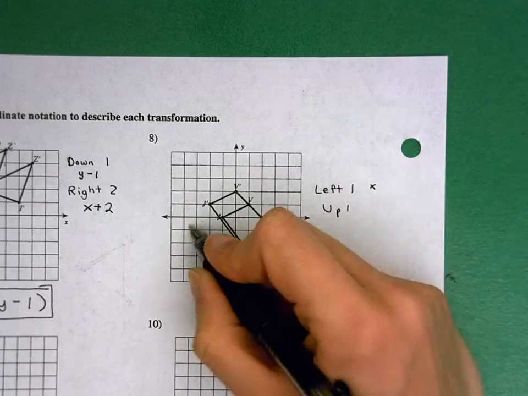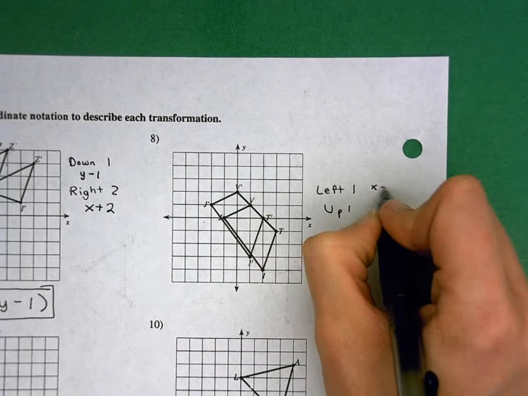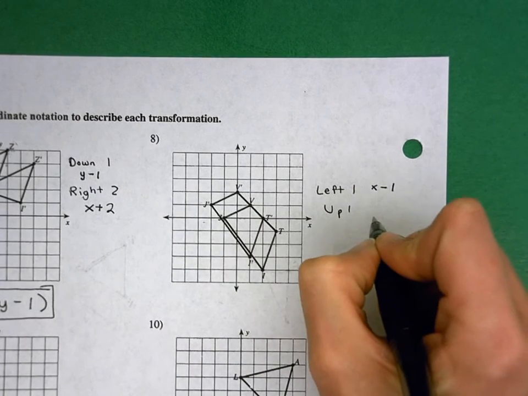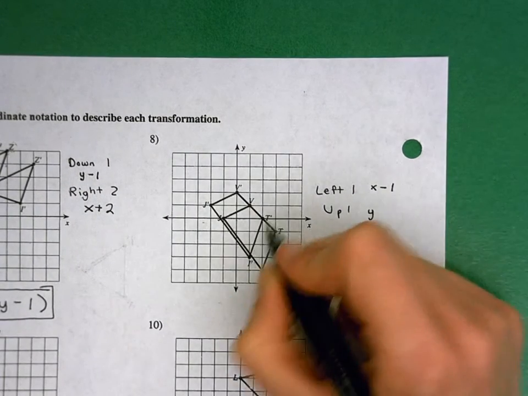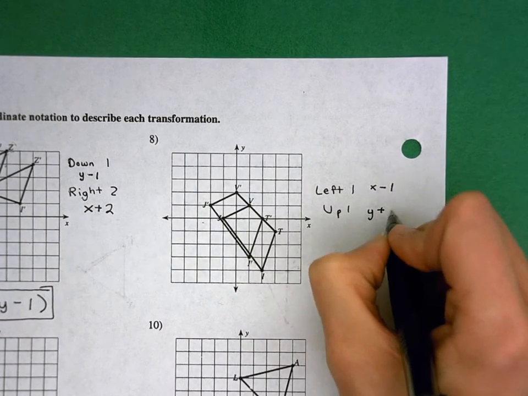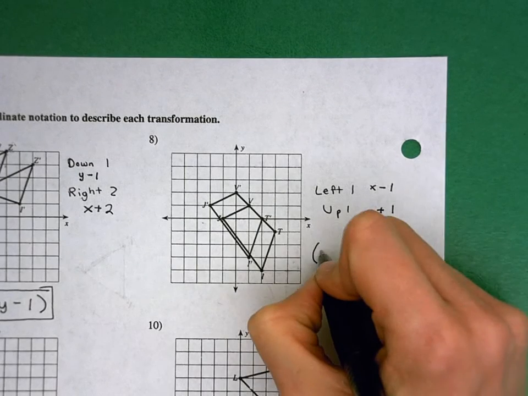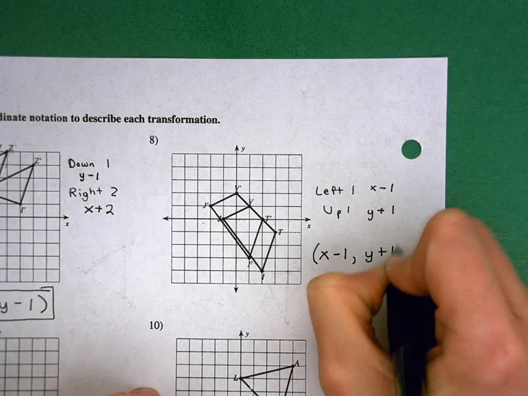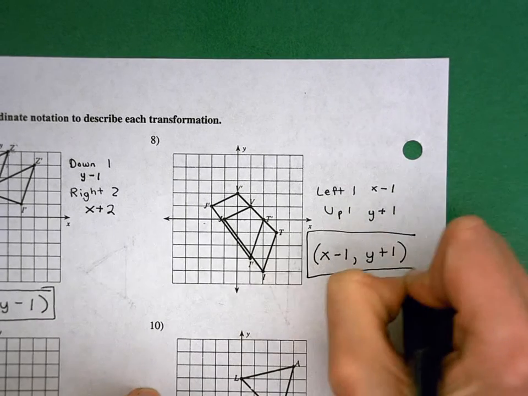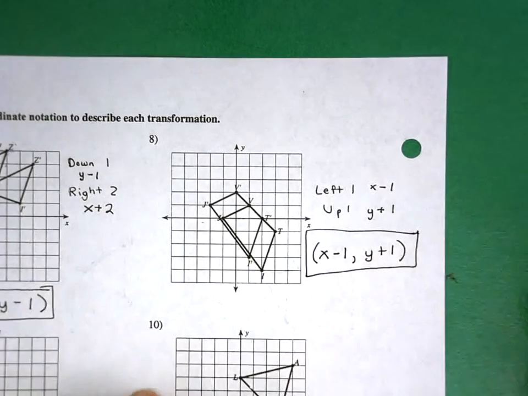Since I'm going left, which goes to the negative x's, I'm going to do minus 1. Up and down are my y's. I'm going up, which goes towards the positive, so I'm going to add 1. And so that's going to be my coordinate notation, x minus 1, y plus 1. And there's my answer.